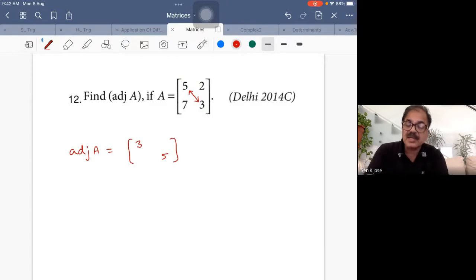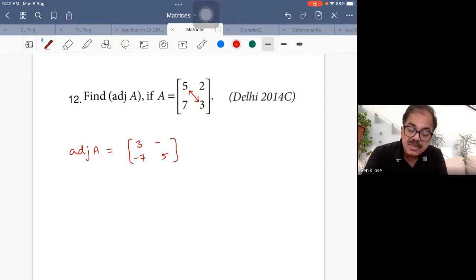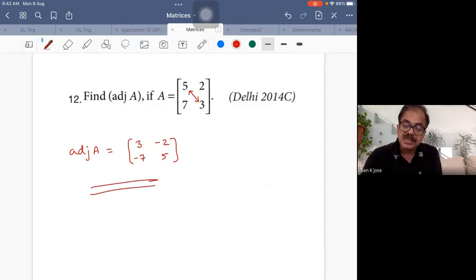Diagonal elements are interchanged, and make the remaining elements with opposite sign, multiply by a -1 basically. It's positive 7, so you make it -7. You're not interchanging the position there, it's only with the diagonal elements. So it's going to be -7 and then -2. That's the adjoint shortcut.